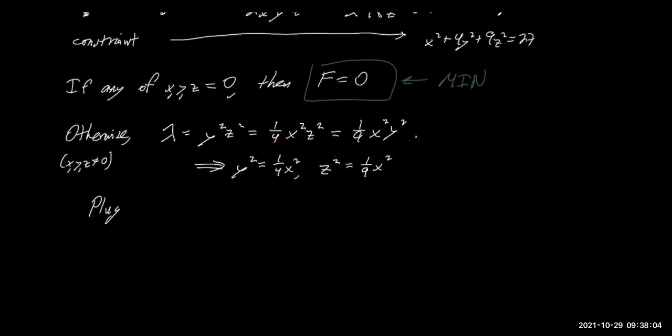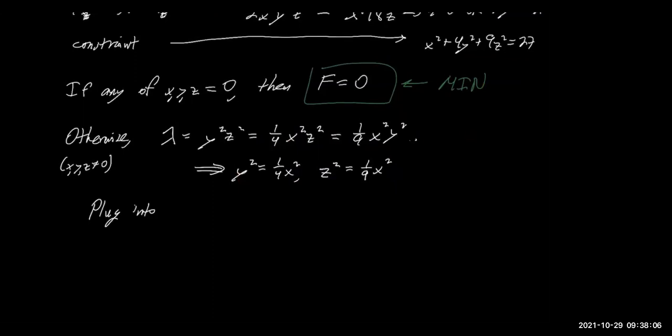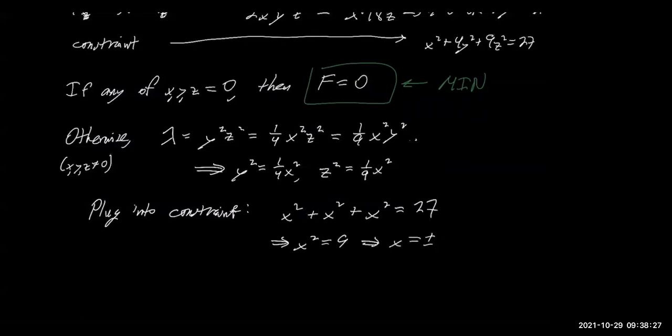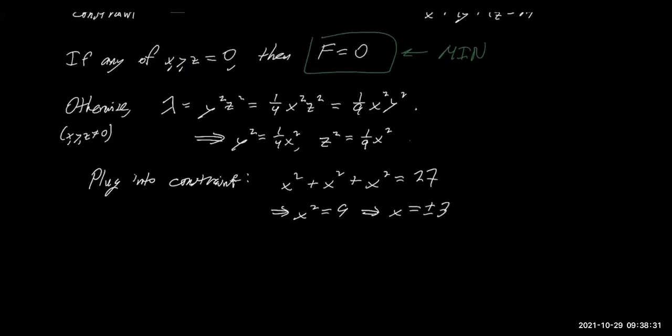You get x squared, really 4y squared is x squared again, and 9z squared is x squared. So you end up getting that x squared is 9. So x is plus or minus 3. And then from these equations, we can figure out what y squared and z squared are.